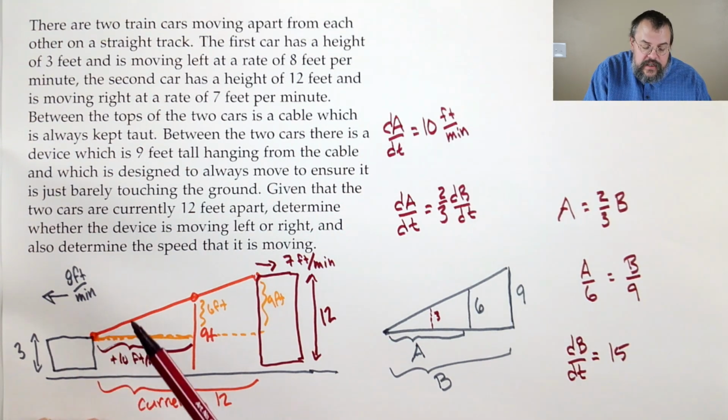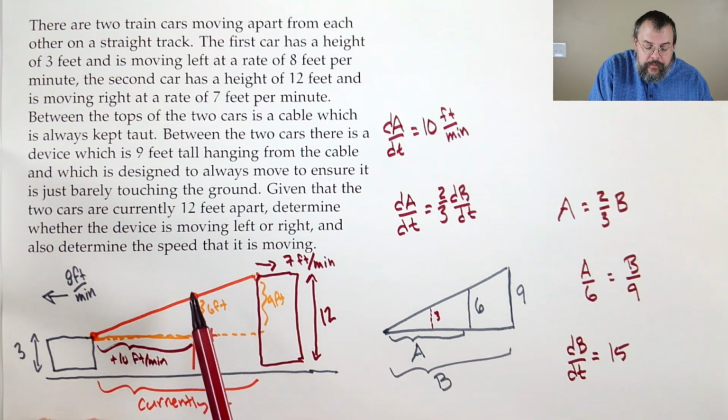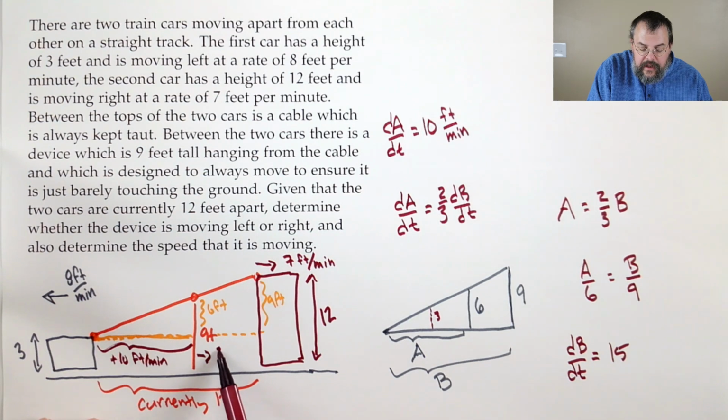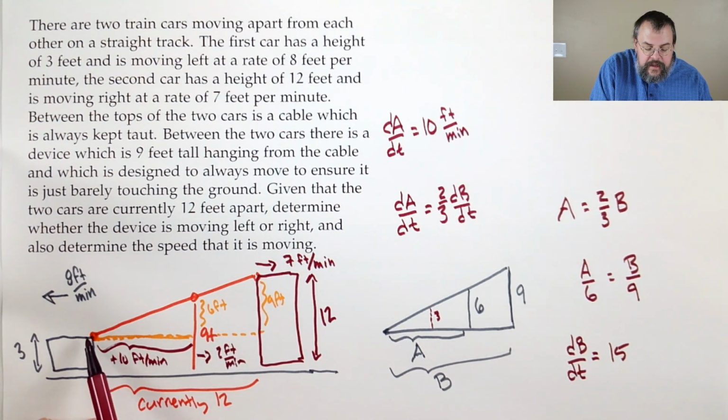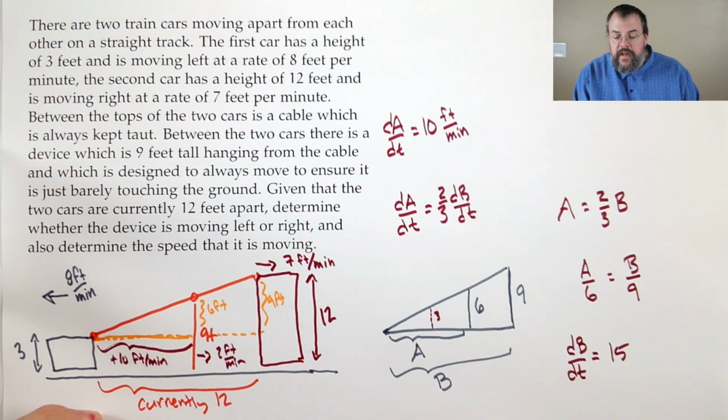So what's the net effect? Well, the only way that could happen is if what were true. Well, I need to have the device, this has to be moving to the right at 2 feet per minute. Because somehow I need the movement of the device plus the movement of the car on the left to combine together to get me 10 feet per minute.